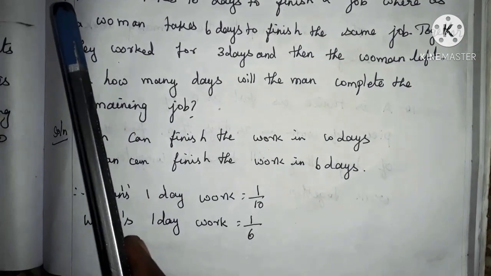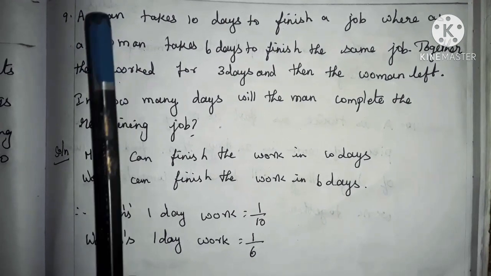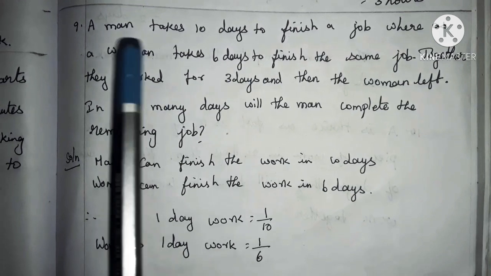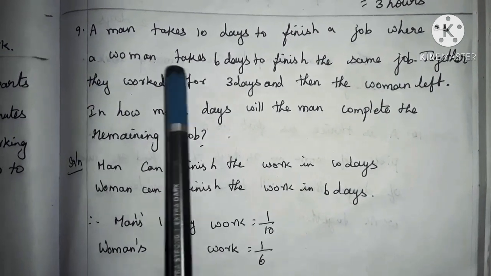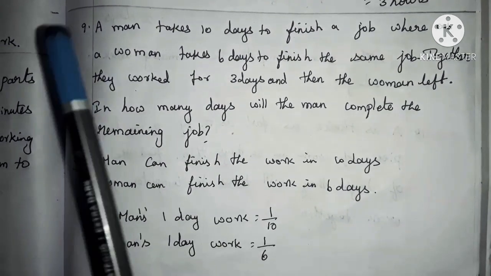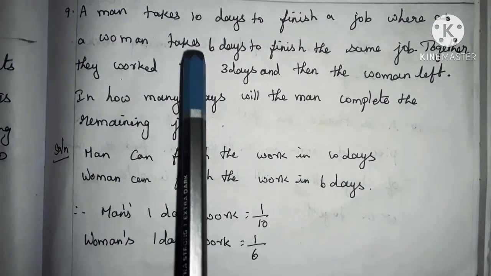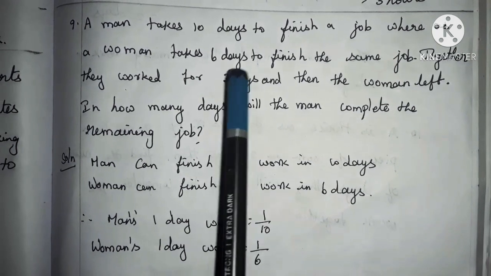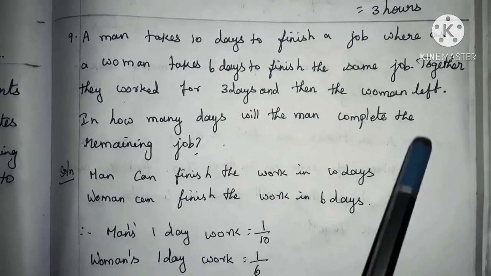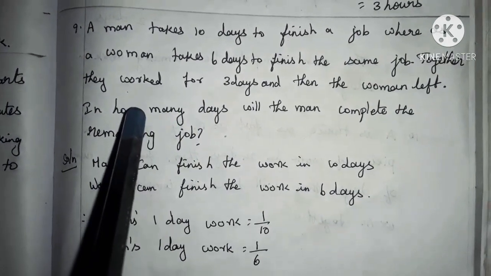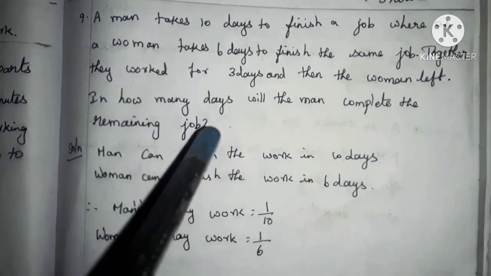First, they have given the days required by the man and the days required by the woman. And third, they have given that the man and the woman join to do the work for 3 days, then after 3 days the woman left. You have to find out how many days the man took to complete the balance job.